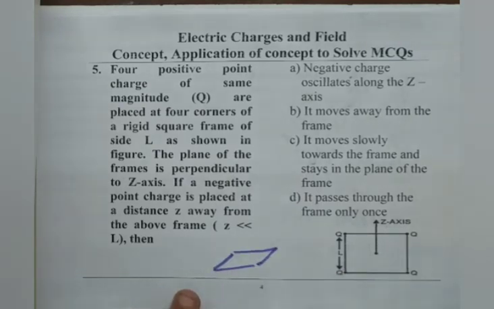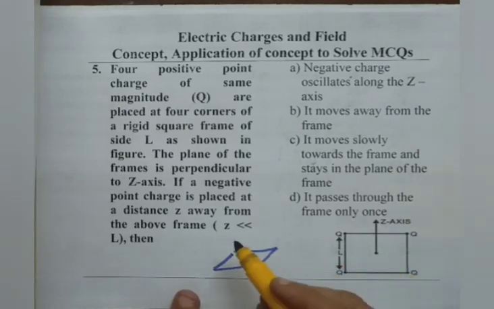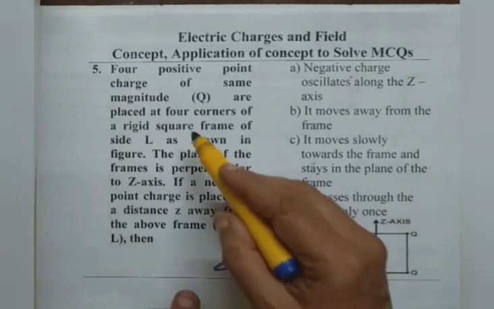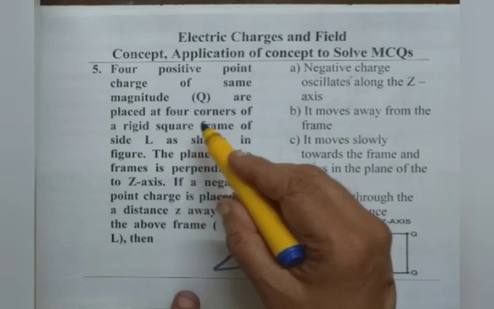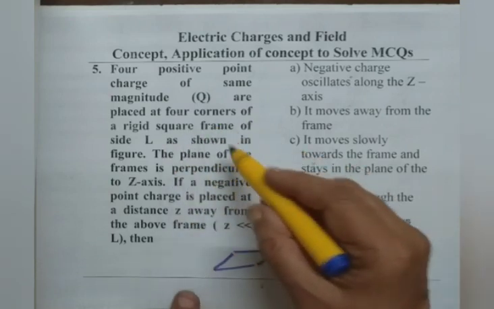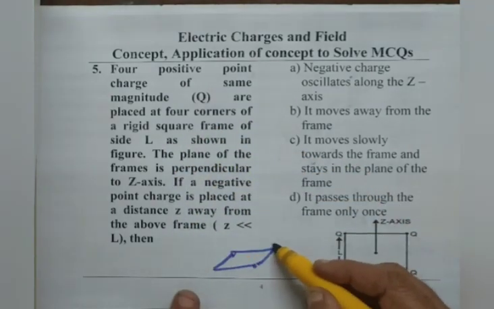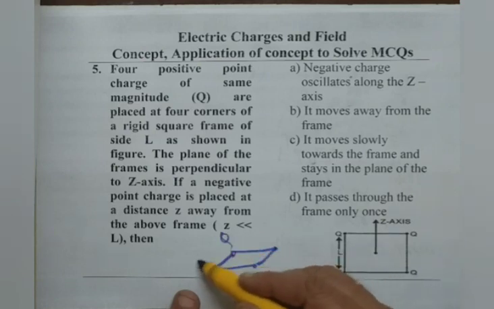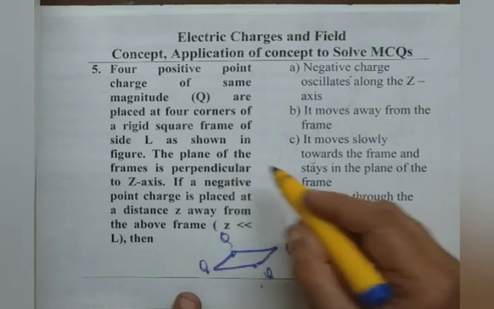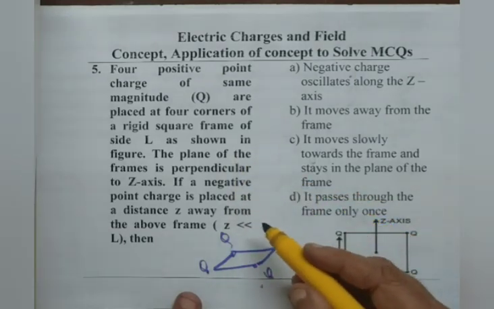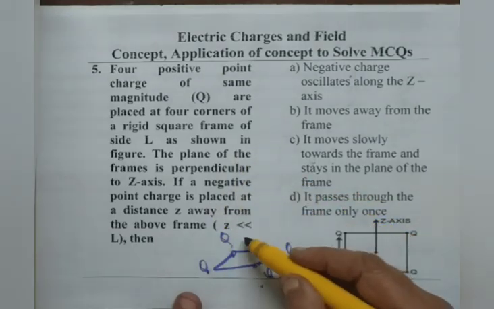In fact, the figure is to be rewritten because it's not clear there. They have given four positive point charges of same magnitude placed at four corners of a rigid square frame like this. Say these are the four charges, each of them q. As shown in the figure, the plane of the frame is perpendicular to the z axis.